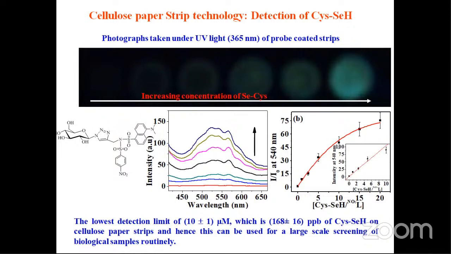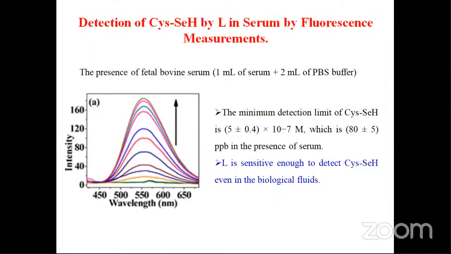So this is an inexpensive, easy, use-and-throw method which we have developed, and that is why this technology can be used for large scale screening of biological samples routinely, and also for the detection of selenocysteine in the serum sample by using fluorescence.